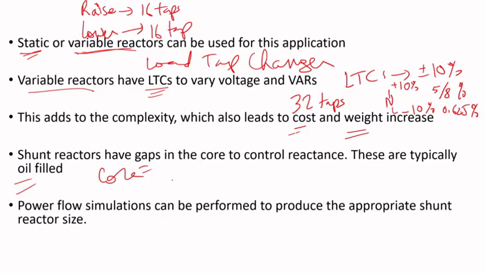Power flow simulations can be performed to produce the appropriate shunt reactor size, in megavars. So you can say, how many megavars do I need in order to bring the voltage down, or to be absorbed by the reactor, and power flow solutions will do that.